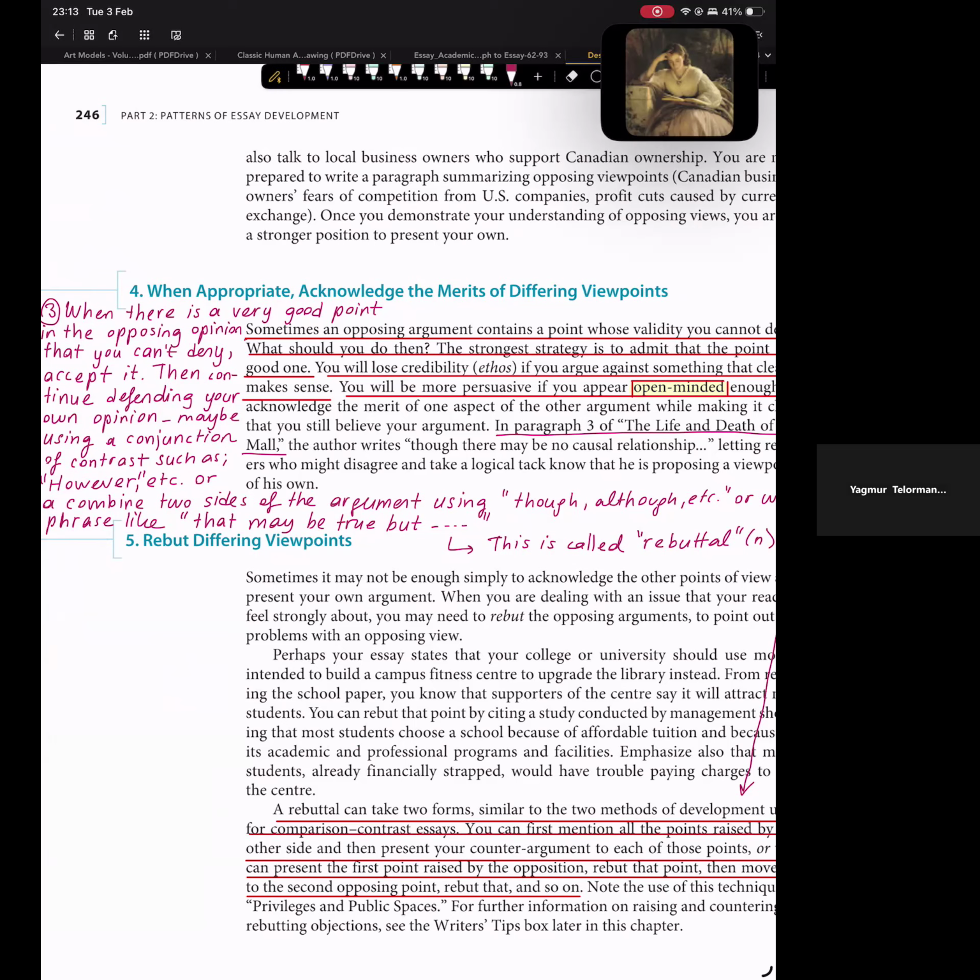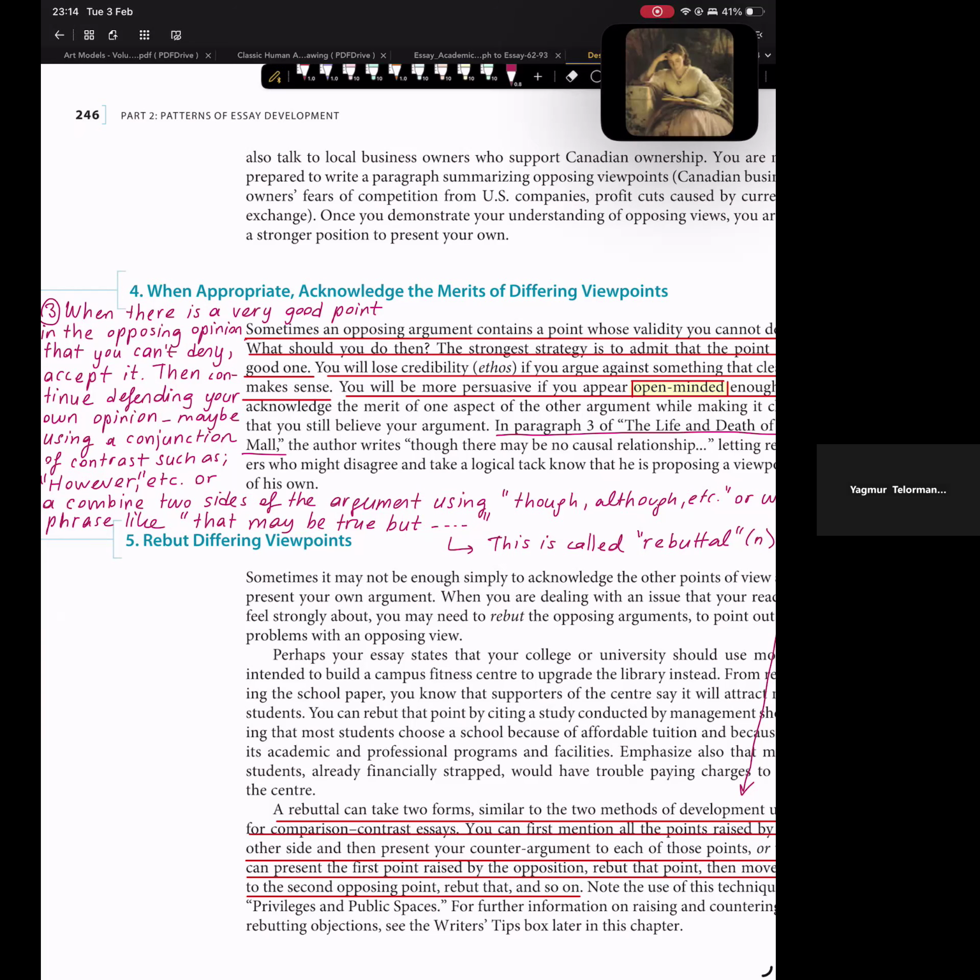Okay, after you accept that that point is actually true, or undeniable, or indisputable, then you can continue defending your own opinion, maybe using a conjunction of contrast such as "however," etc. Or you can combine two sides of the argument using "though" or "although," okay?